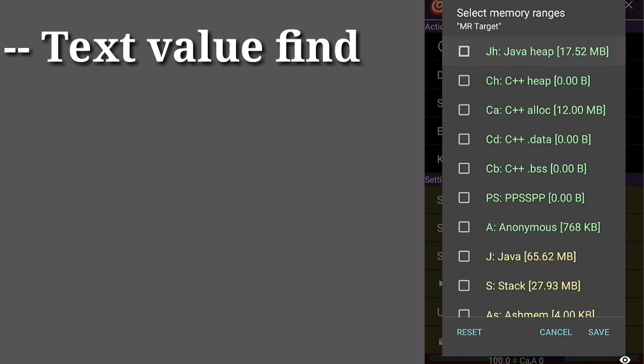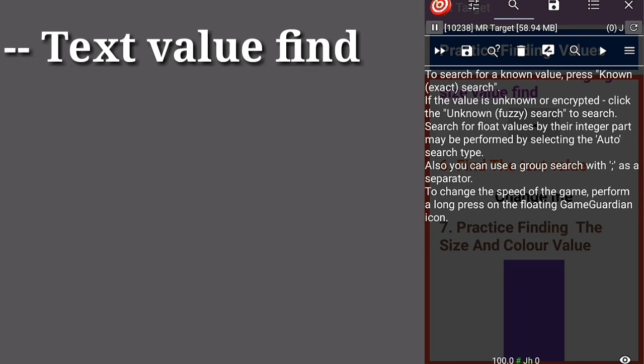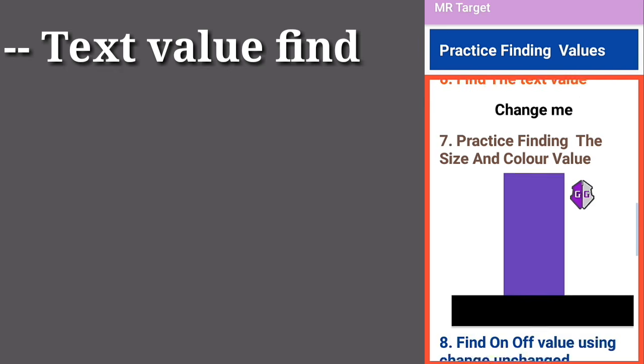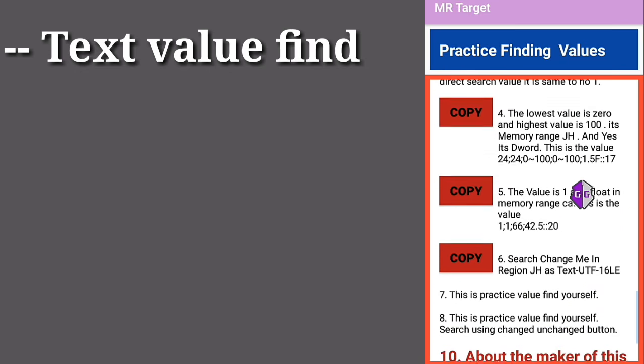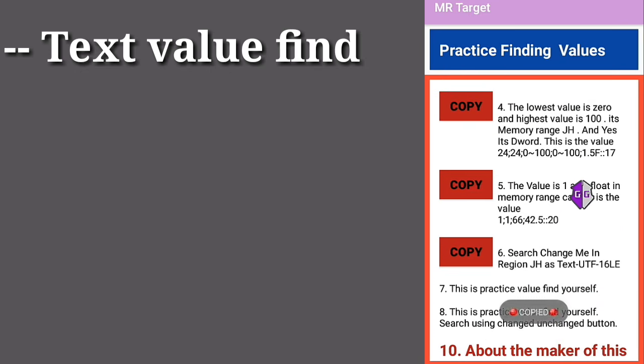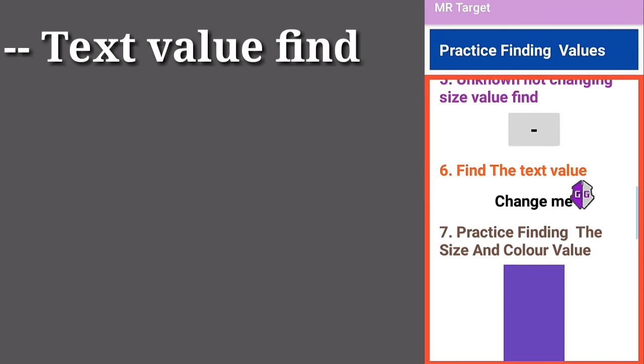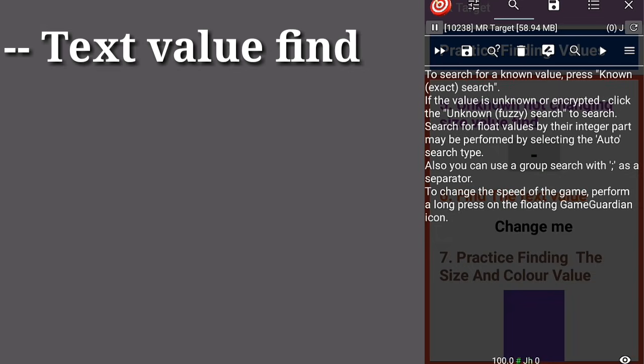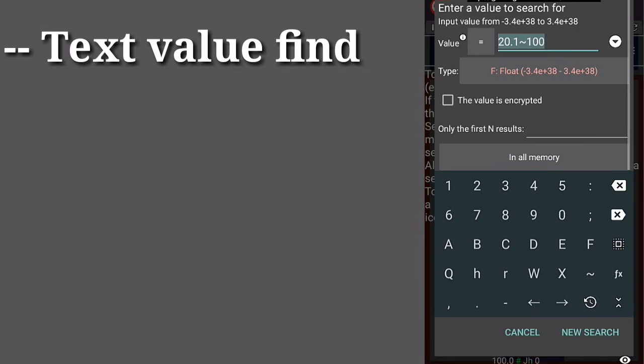This time we are taking only Java heap because previously we found two values in Java heap. Now go to your Game Guardian, go to search and select the value type as UTF-16.